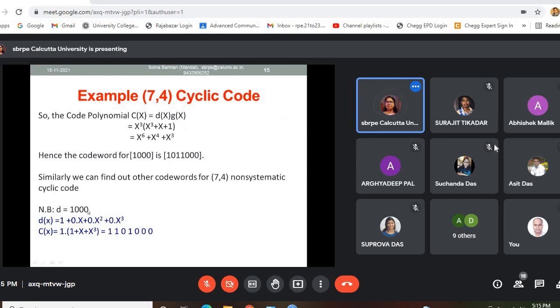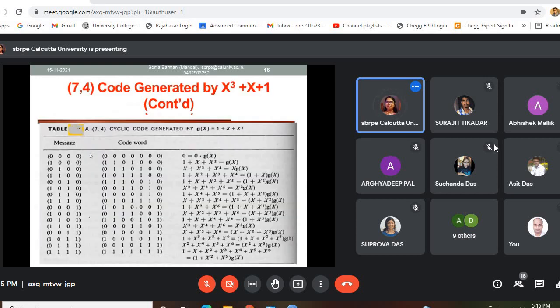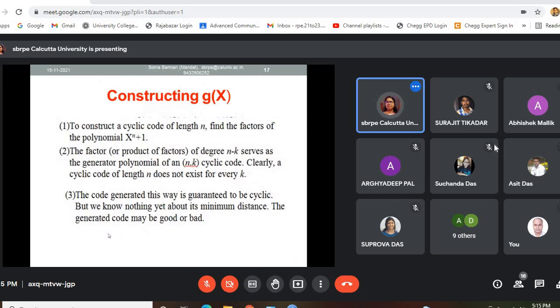Okay. So all these things are mentioned over here. So this was your generation of cyclic code in the non-systematic way.